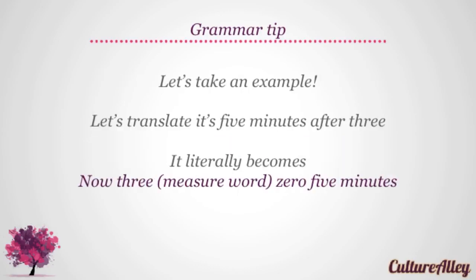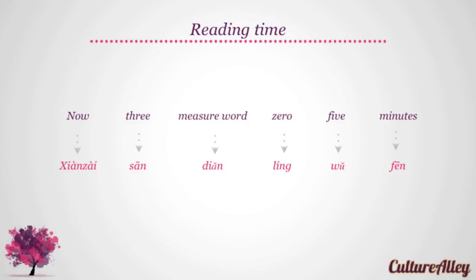Let's take an example. Let's translate, "It's 5 minutes after 3." It literally becomes, now, 3, measure word, 5 minutes. Here's the breakup of the sentence. Now translates to 现在. 3 becomes 三.